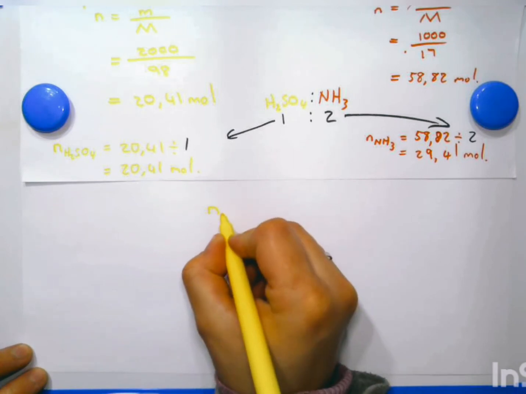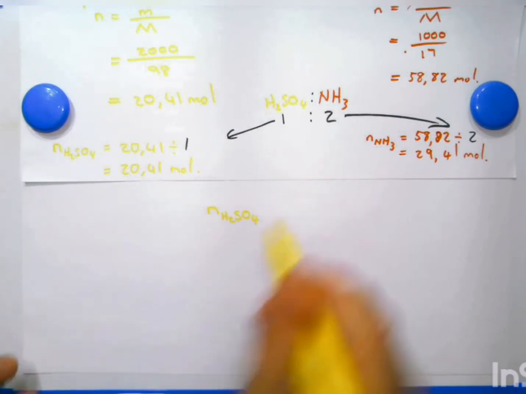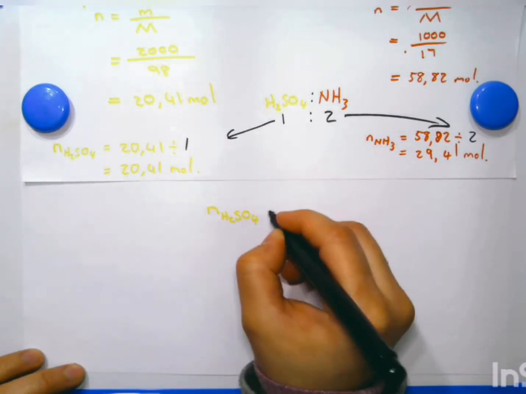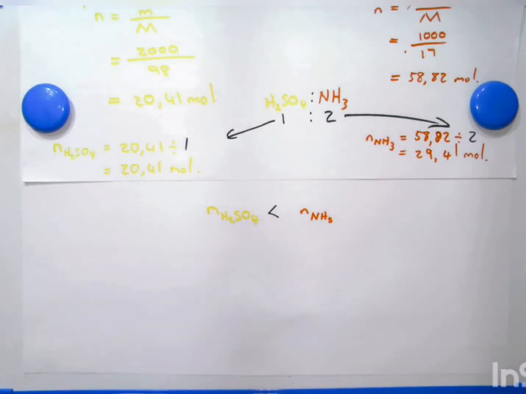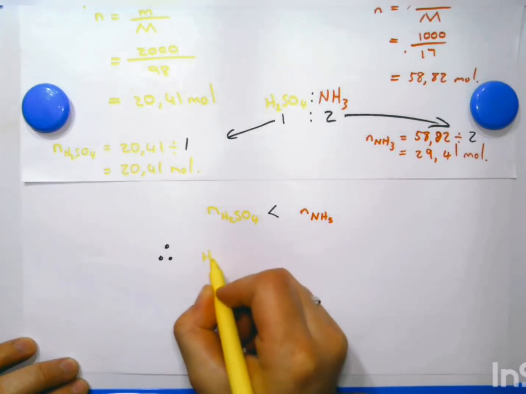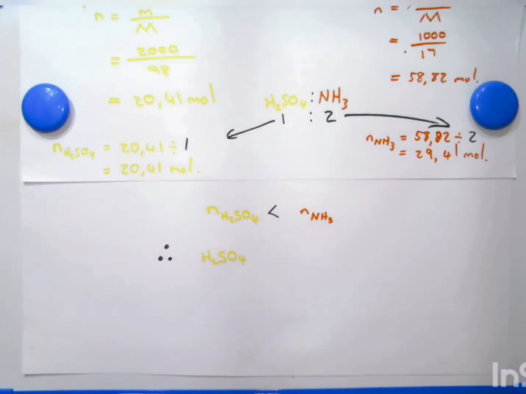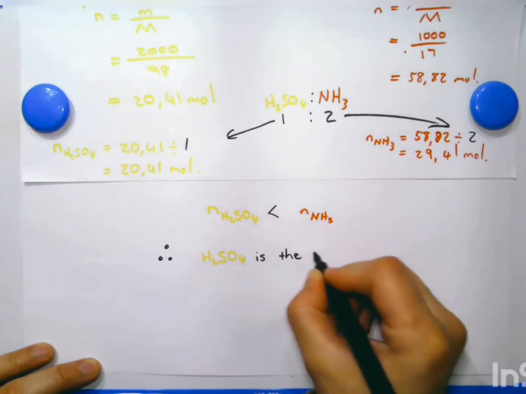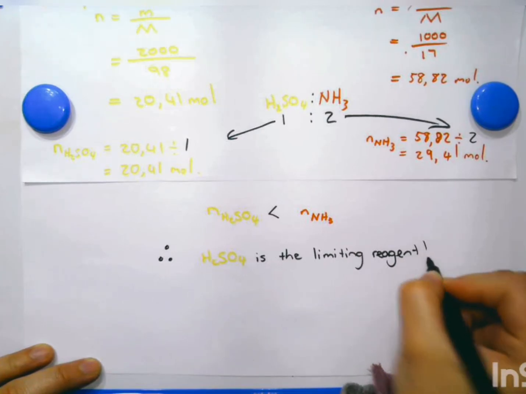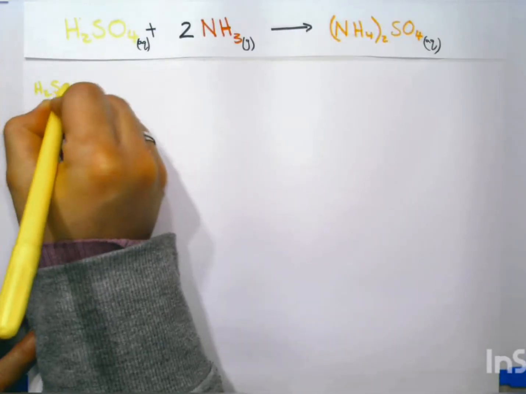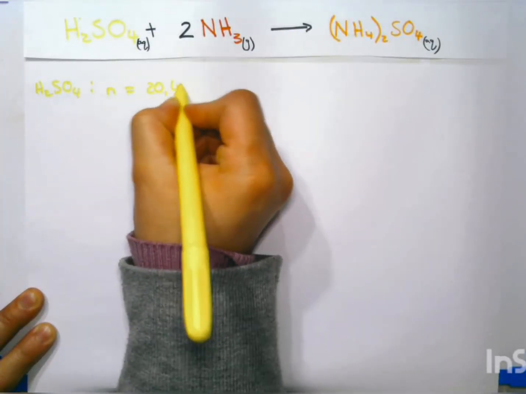Now, because the minimum required mole for sulfuric acid is less than the minimum required mole for ammonia, we know that sulfuric acid is the limiting reagent. Now that we know which our limiting reagent is, we're going to continue with it.